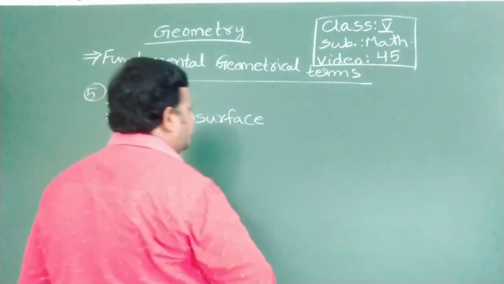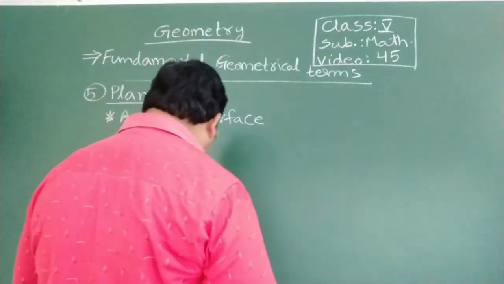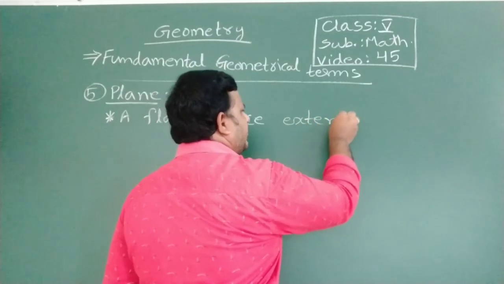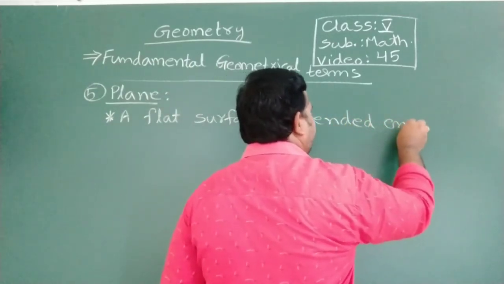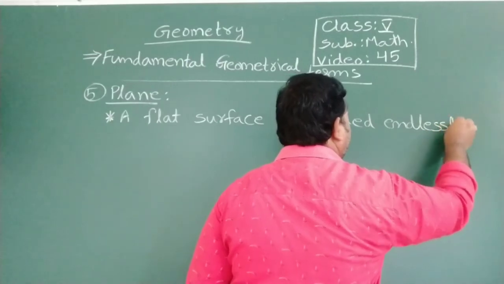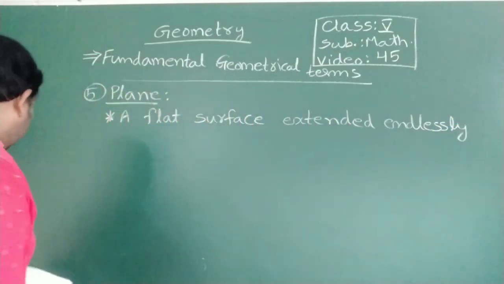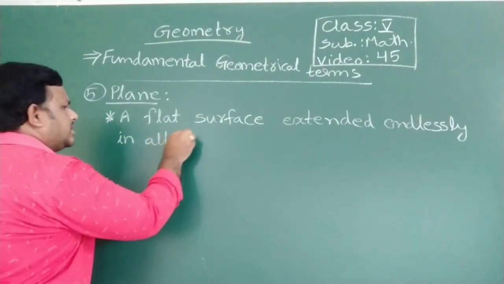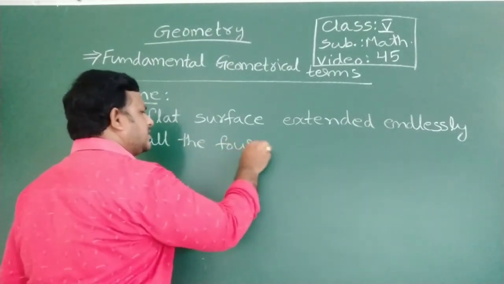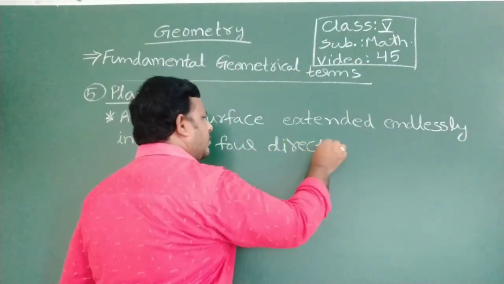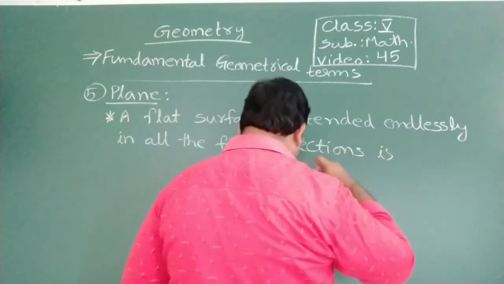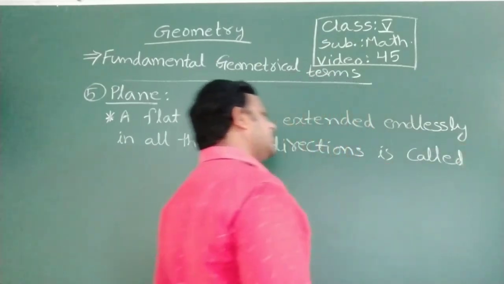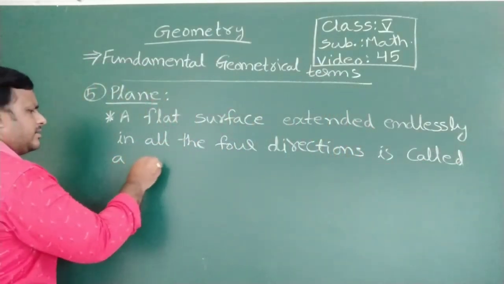So a flat surface extended endlessly. Endlessly means there is no end for that. So endlessly in all the 4 directions is called a plane.